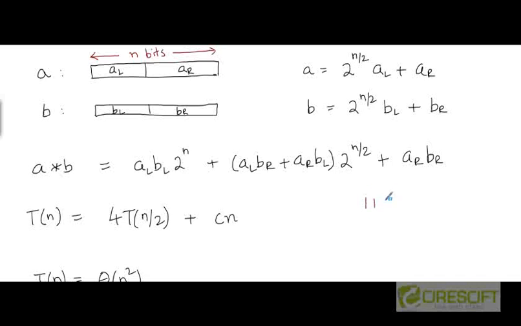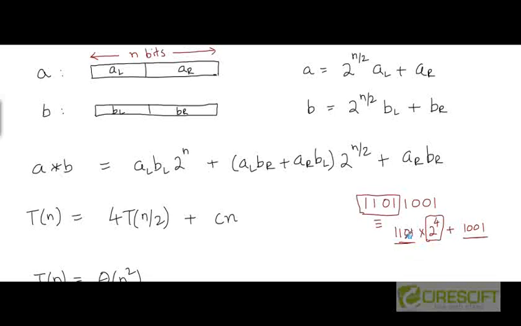So let's take an example. Suppose this is an 8-bit number. We can write this as the left half multiplied by 2 to the power 4 plus the right half, which is 1001. Of course, this is the binary representation, and when I say 2 to the power 4, I'm using a decimal notation here.